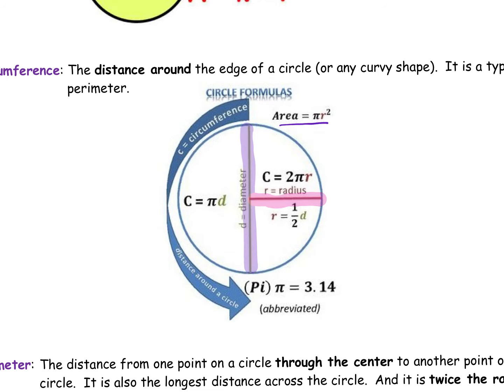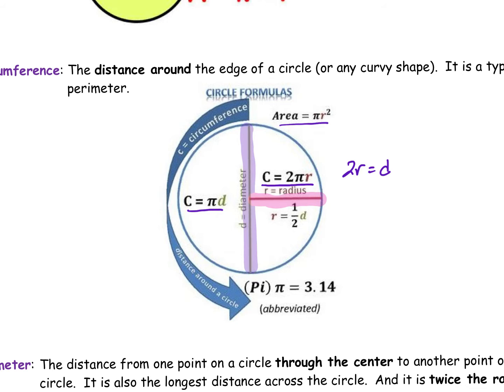It has two different equations for my circumference. Circumference is 2 pi r, so it's 2 times my radius times pi, or it's pi times d, and d is my diameter. So 2 times r equals d. Radius is half my diameter, so that makes sense. I could do it either way.